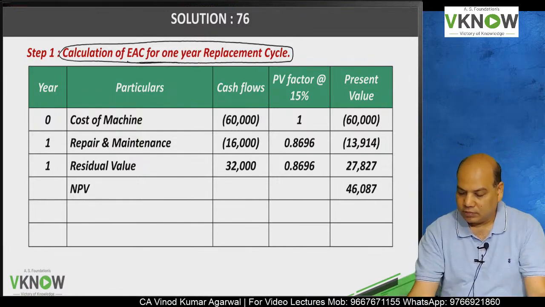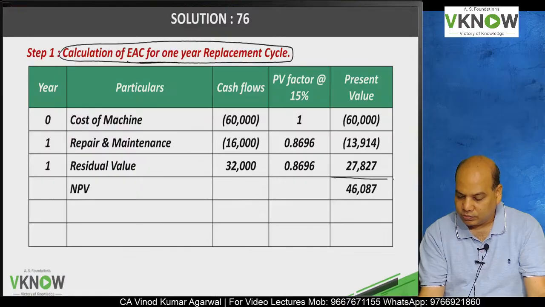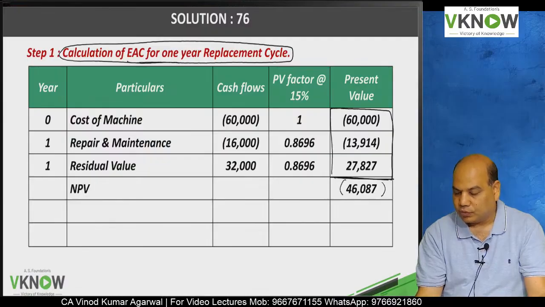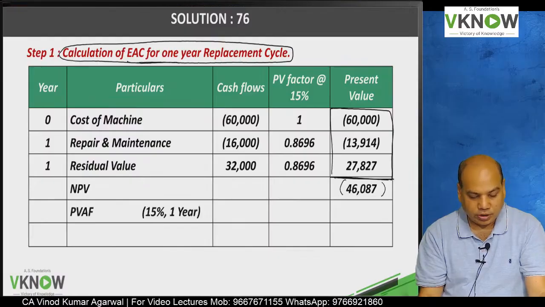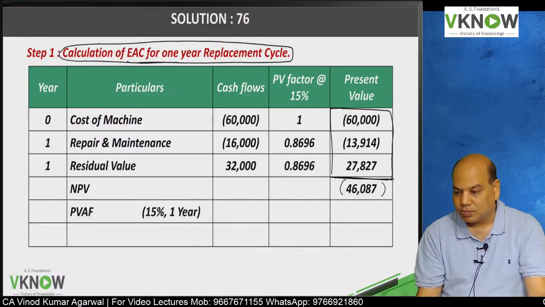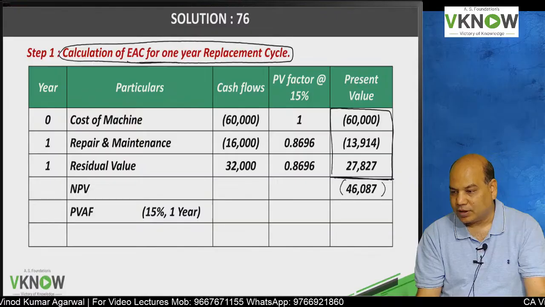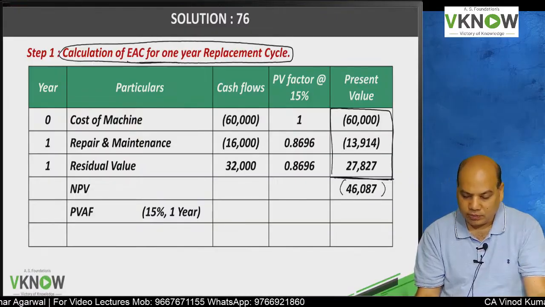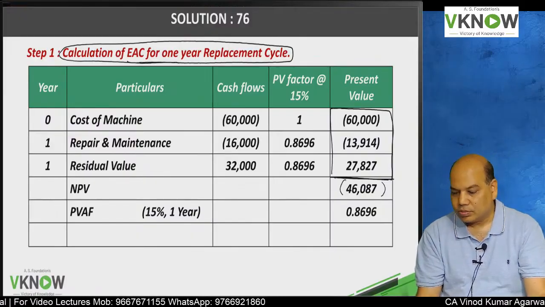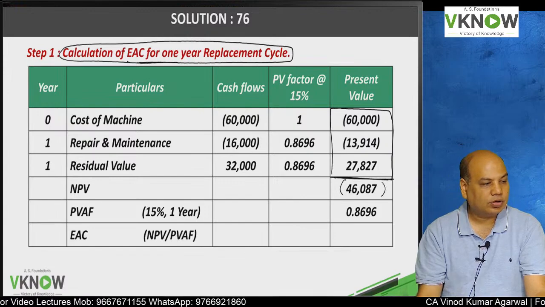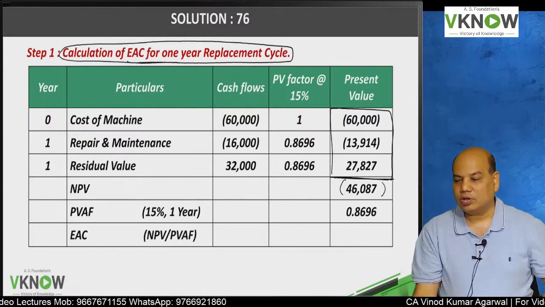So net present value of all these 3 cash flows put together is an outflow of 46,087. Then write down next, PV annuity factor, 15%, 1 year, same factor, 0.8696.